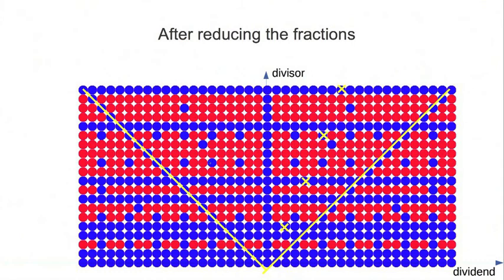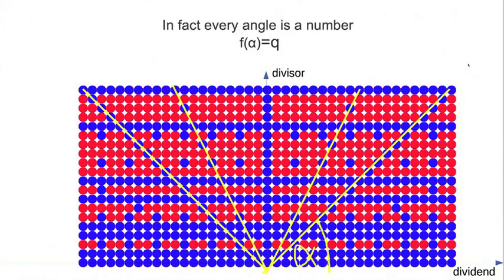All these numbers on the left side of the line are smaller than the number. In fact, we can express any number with a line. So every dot that's crossed by that line is the same number, but in a different representation.